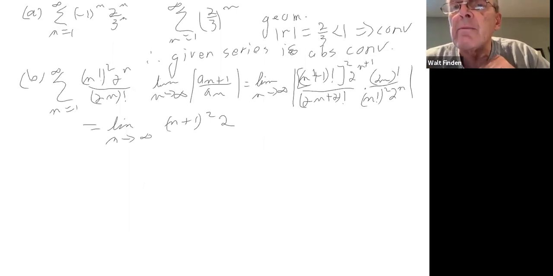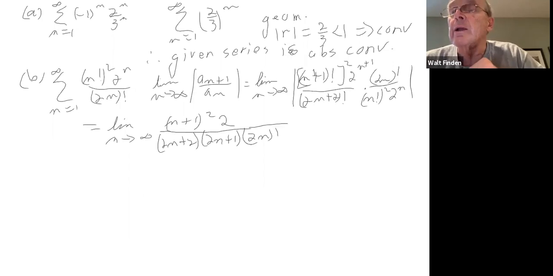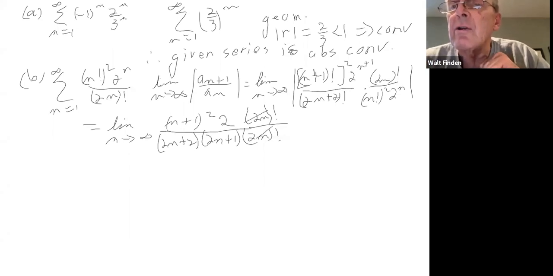And on the bottom, we'll take our time here. (2n+2) factorial is (2n+2) times (2n+1) times (2n) factorial. And on the top, we have the (2n) factorial. And so, okay, see, we have some cancellations here.